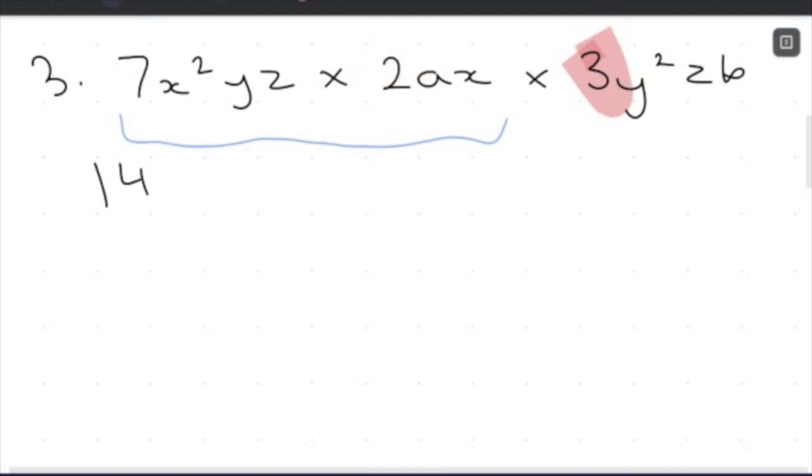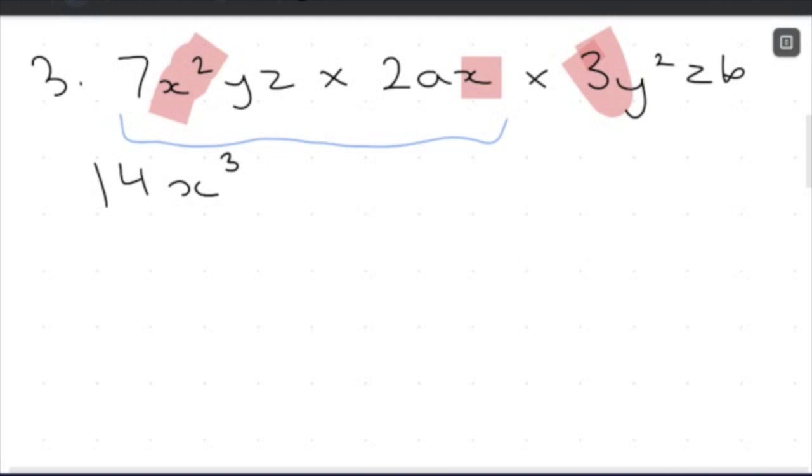Now let's consider some of the like terms here. We have between 7x squared yz and 2ax, a common x and nothing else. So here we can consider the x now. So x squared multiplied by x, well, that gives me, in other words, x times x times x, which we can once again write in a shorthand as x cubed.